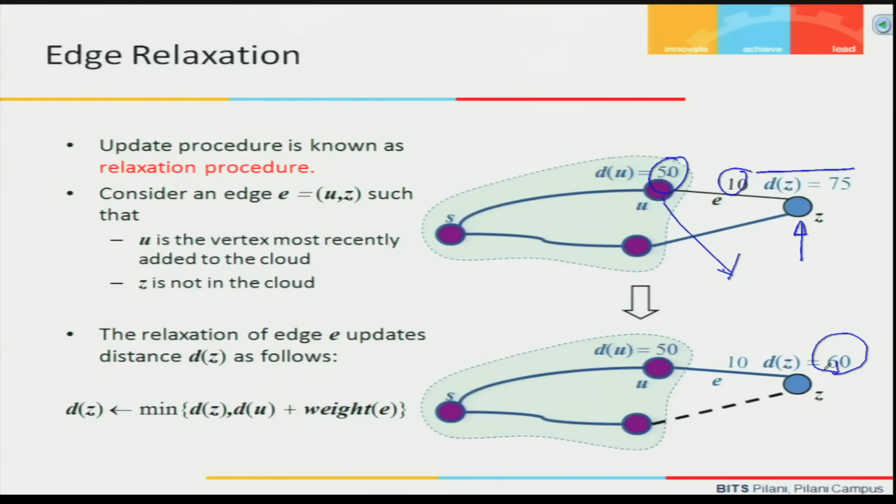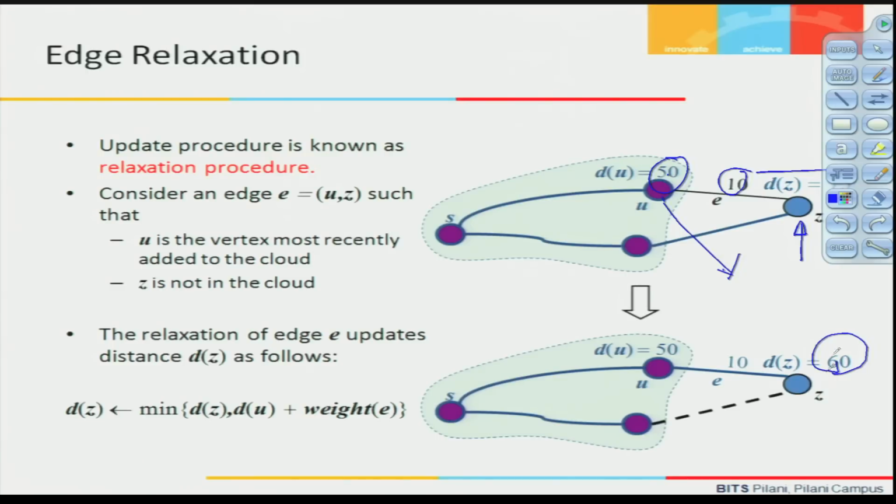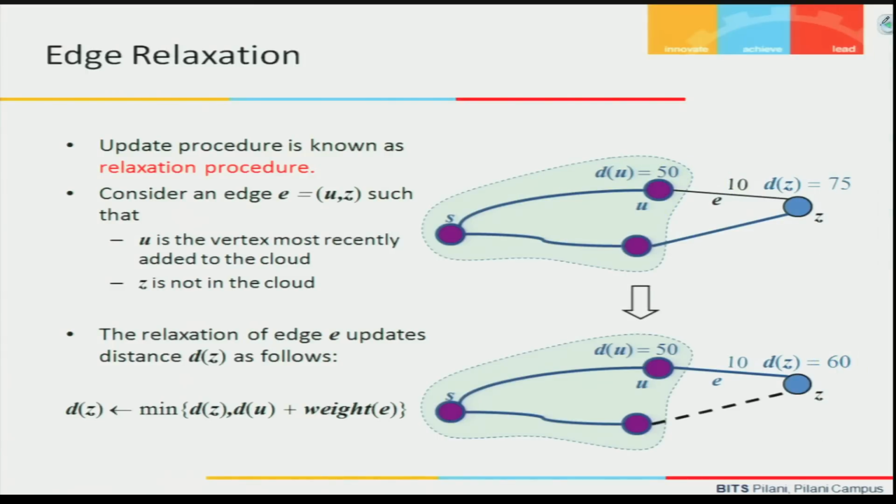For example, somewhere later in the procedure we add some other vertices to the cloud to which z is again adjacent, and if the value of the path via that node is less than 60, we will update the value at z at that particular instance. So, this edge relaxation strategy helps us update the current estimates of the vertices which are adjacent to a node which has been recently added to the cloud.